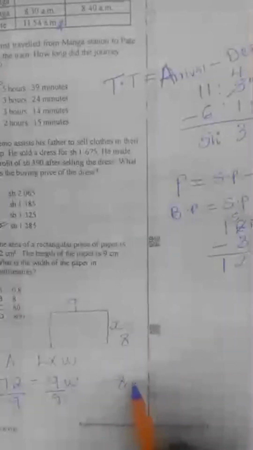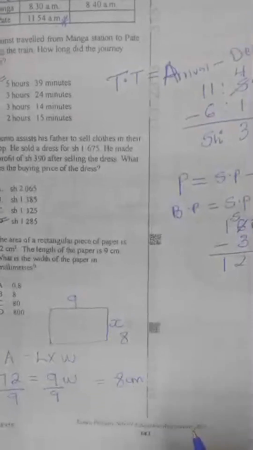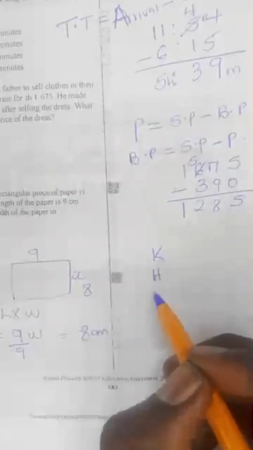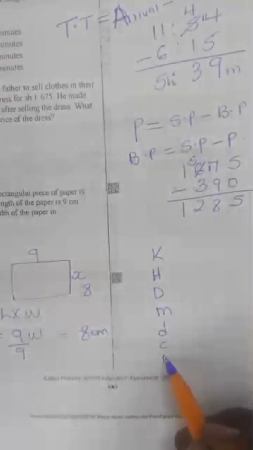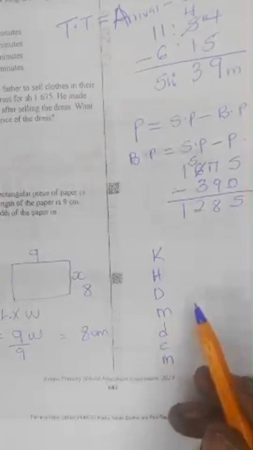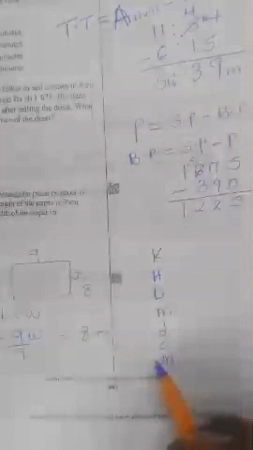But my answer is in centimeter, and it should be converted to millimeters. We have done that using a formula, any formula that is flexible for you. So we have the centimeter and the millimeters. So we write 10 against the centimeter.